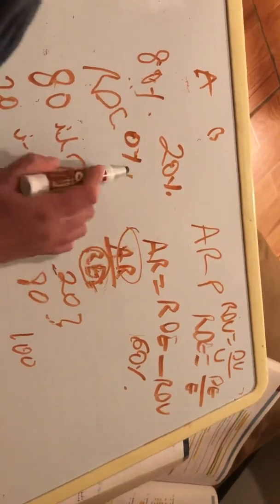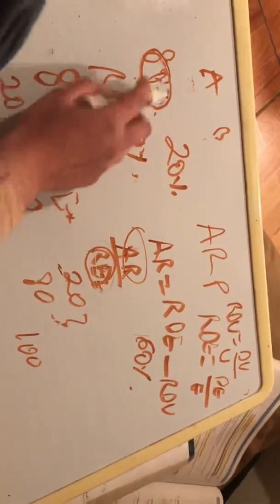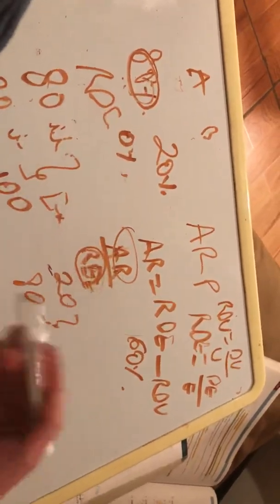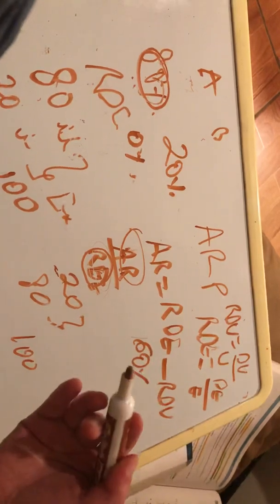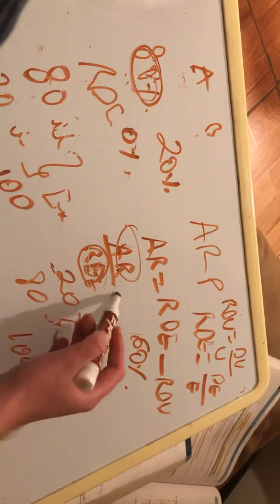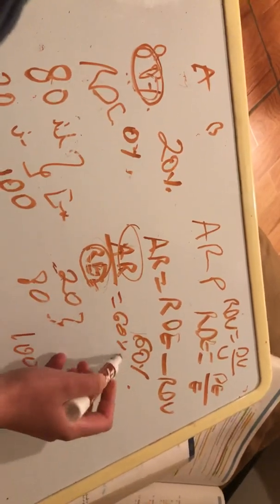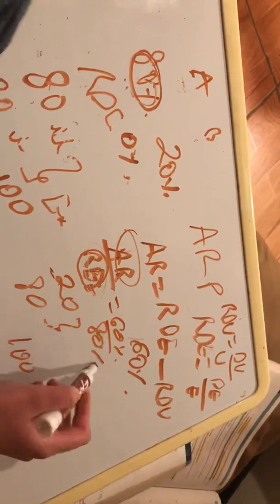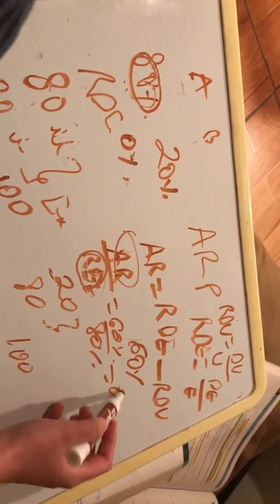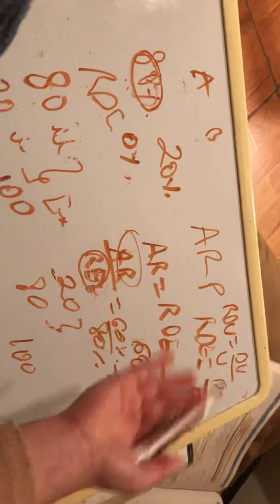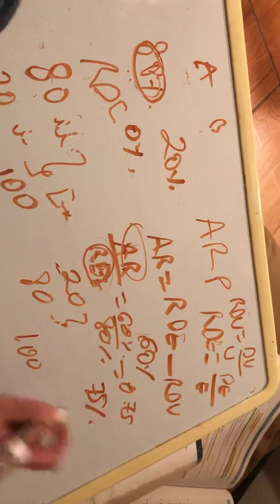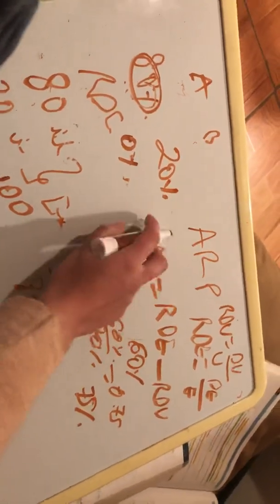So the goal is to reduce 80%. Now, of this 80%, how much did I reduce, and that is the attributable risk. So this is 60% divided by 80%. This is 3/4, this is 0.75. If you want to say it in percent, you multiply it by 100, and you have 75% is the attributable risk percent.